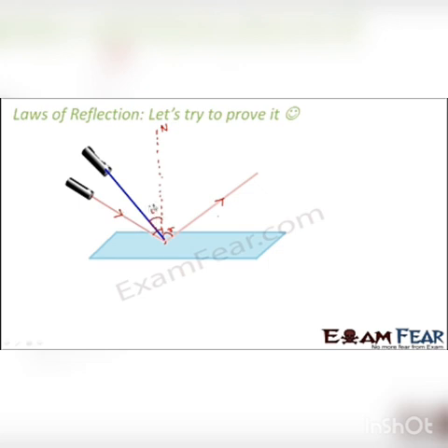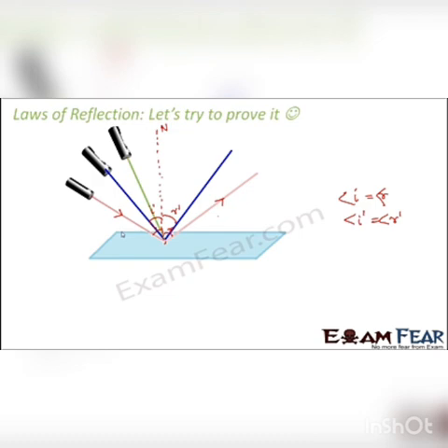Let us call it I dash. Initially we found that angle I was equal to angle R. In this case, as soon as you spot the laser on the surface, you can easily see the reflected ray going out. Let me call that R dash. Here, on measuring, you will find again that I dash is equal to R dash.